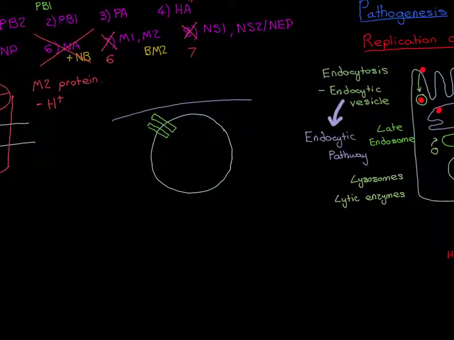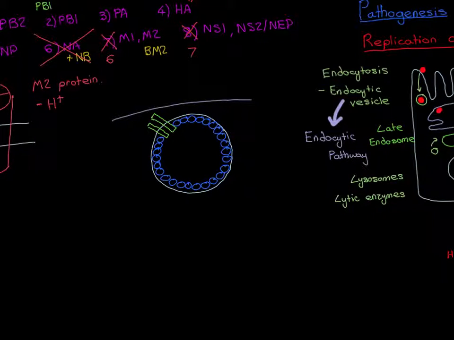So let me now put in the M1 shell. We'll do this in blue. Here are the M1 proteins just underneath the viral envelope. Just bear with me a moment whilst I complete this. Remember, just a little bit of revision: there are roughly 5,000 of these M1 proteins making up this shell, and the purpose is to hold the viral envelope in that spherical shape.